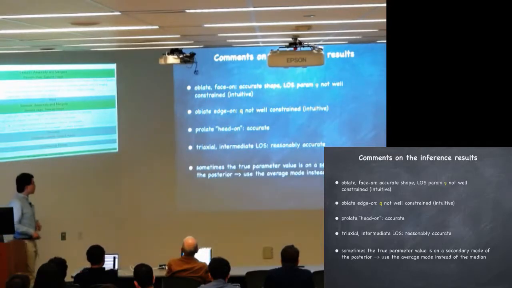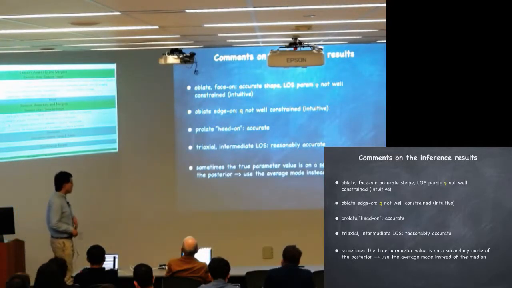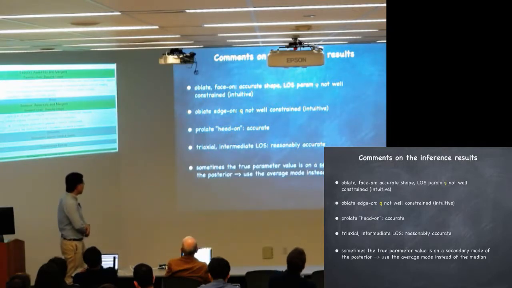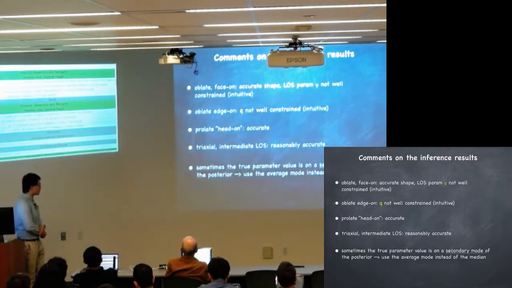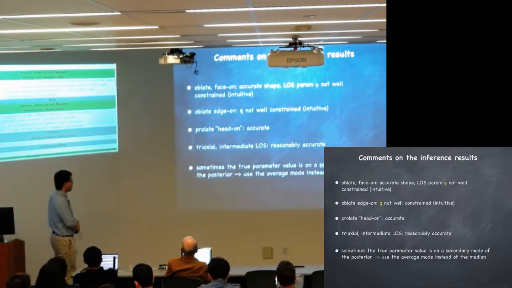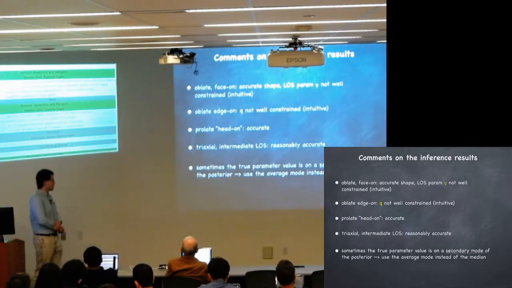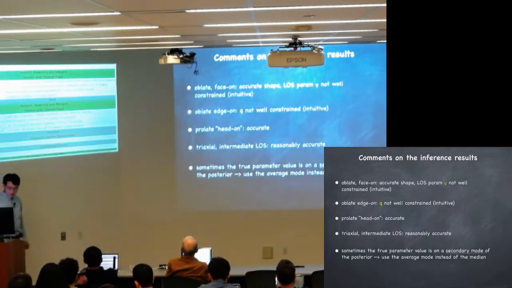So to summarize what we learned from this toy modeling, we see that for oblate systems, depending on whether it's face-on or edge-on, we have constraining power on most of the parameters, but not on the line of sight or one of the shape parameters. For prolate and triaxial systems, the results are usually acceptable.